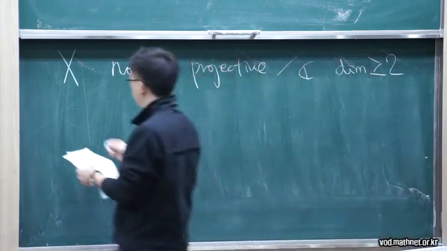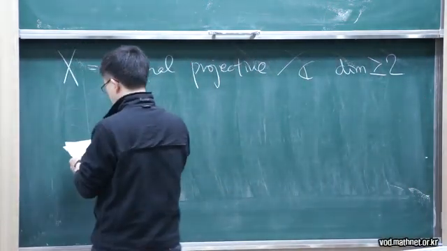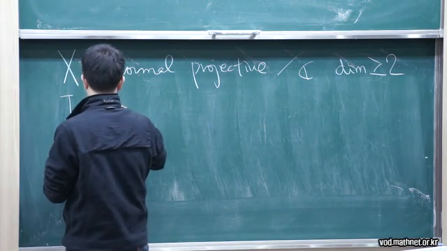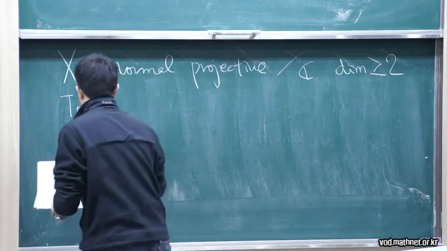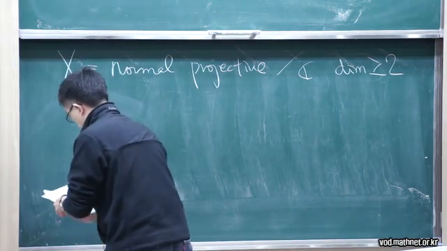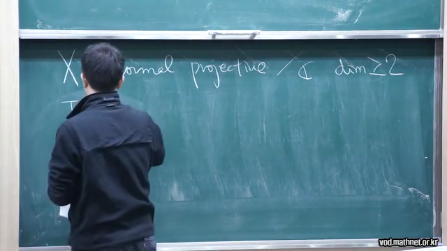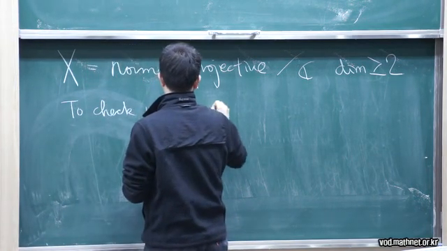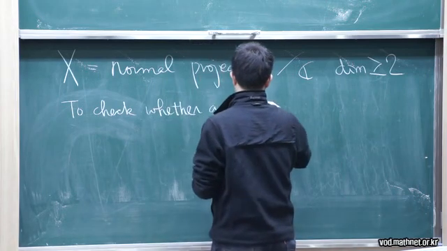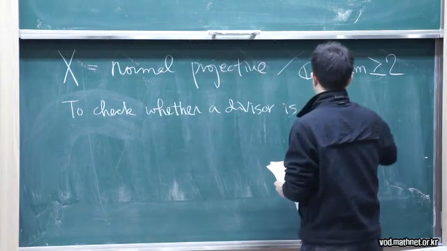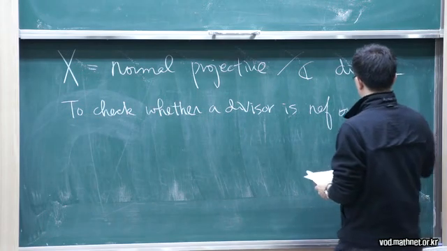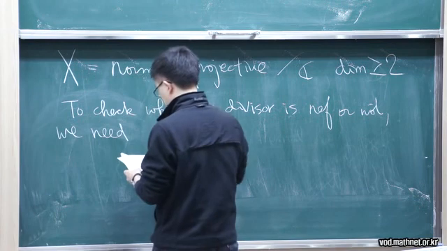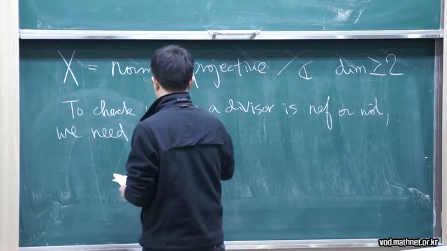And this was also briefly talked about, but to check whether a divisor is nef or not, we need the Q-Cartier property.